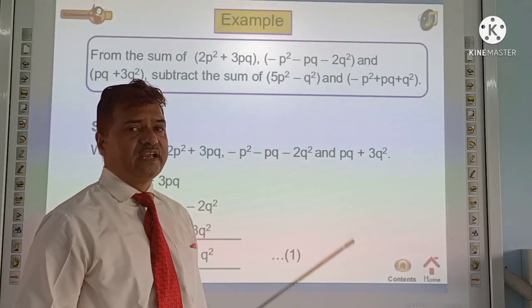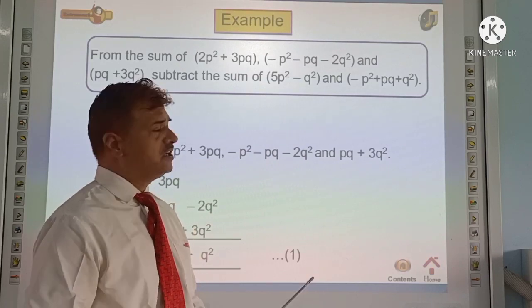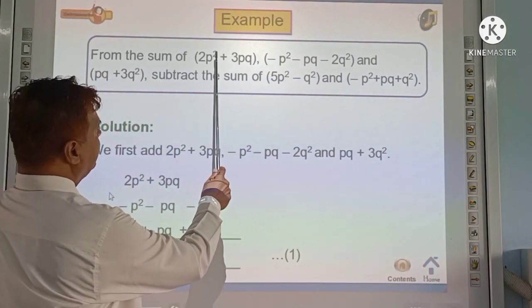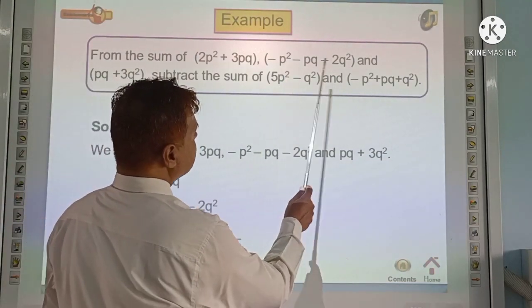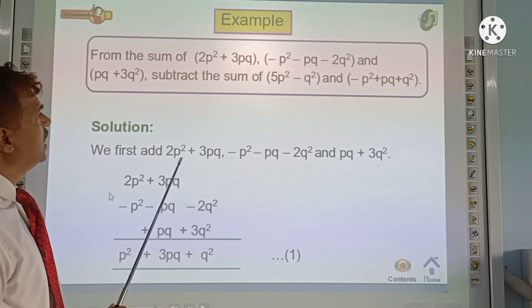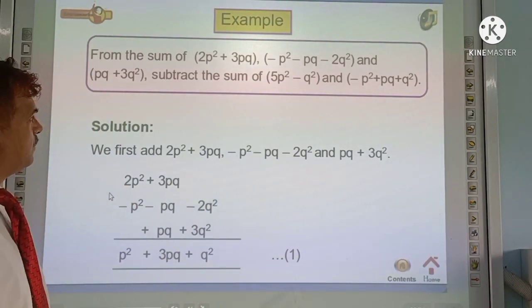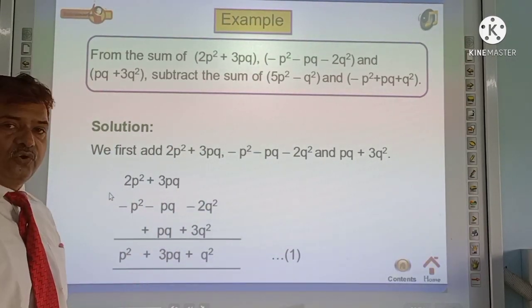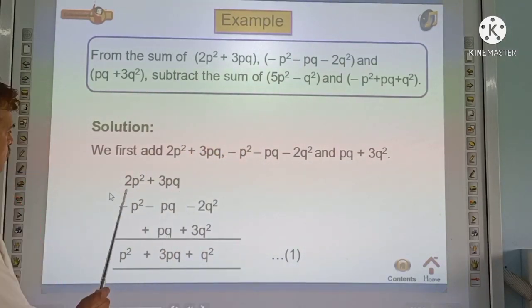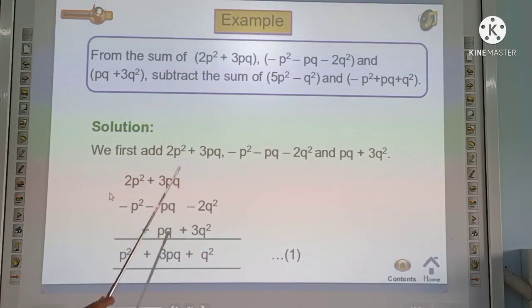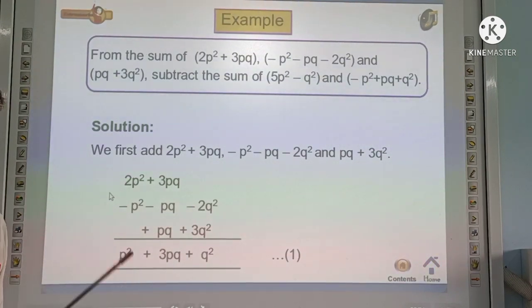This will be solved in three steps. First step, we will add 1, 2, 3. Second step, we will add this and this. After that, we subtract the resultant. First of all, we add these three: 2p square, 3pq, p square, pq, 2q square. So we add, then we get p square plus 3pq plus q square. It is the first step.